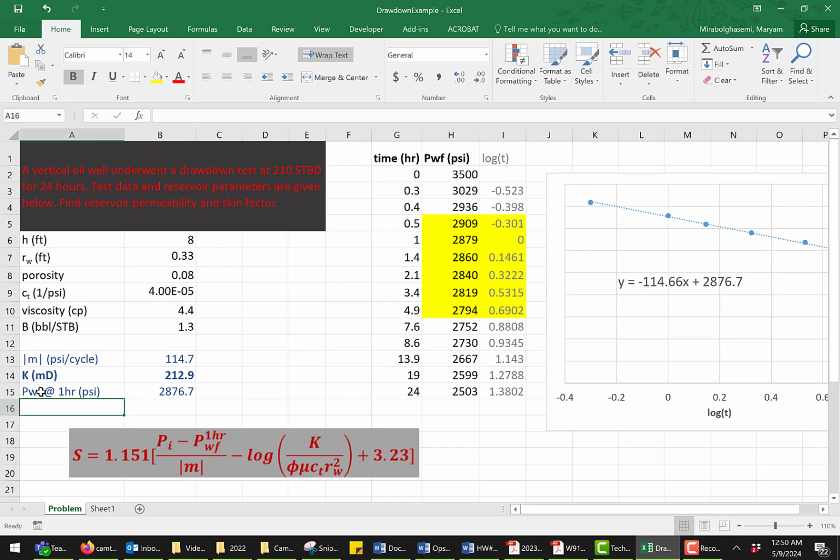And now we can plug everything in the formula for the skin and find its value.